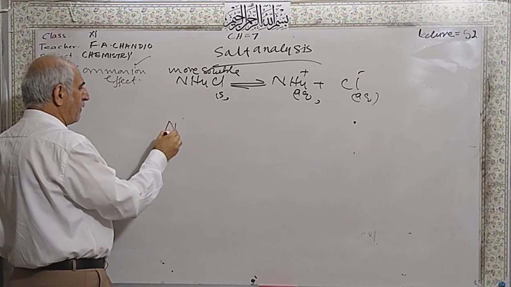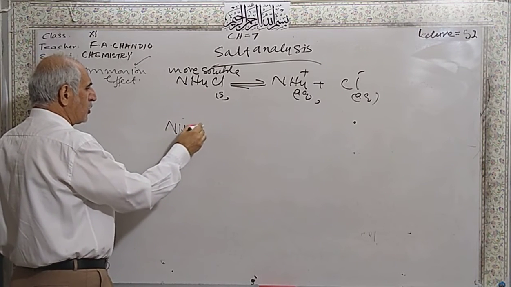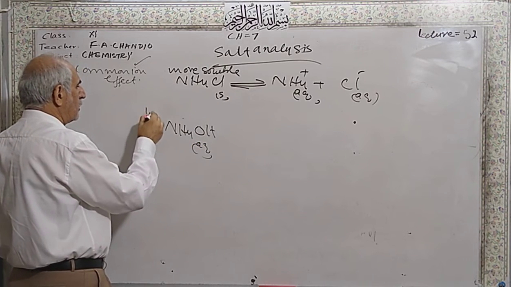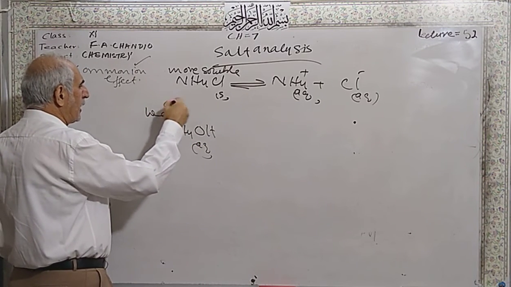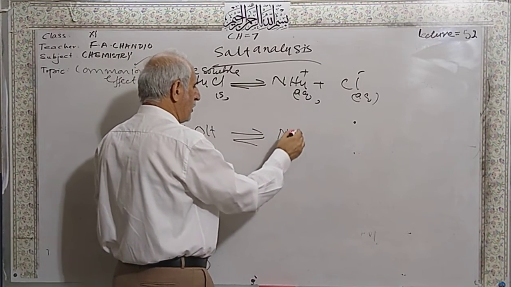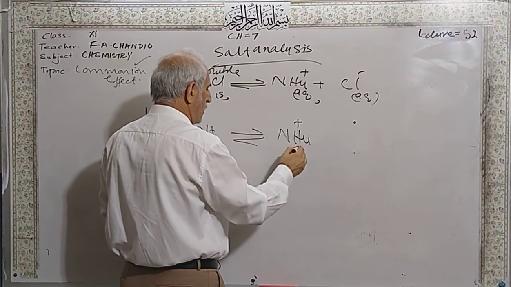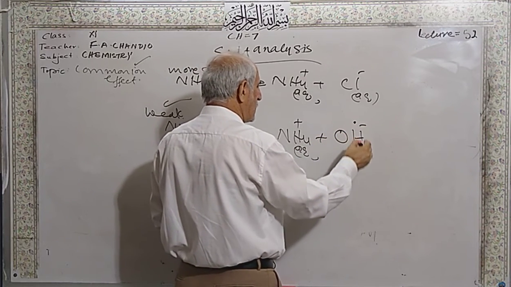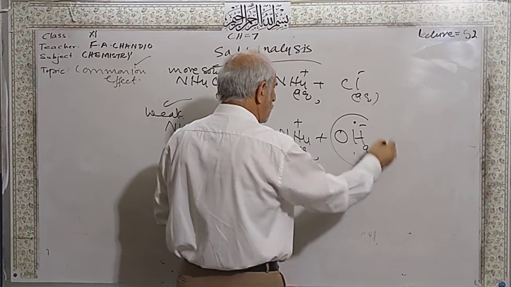In the second you have ammonia solution, ammonium hydroxide, a weak electrolyte, less soluble, giving ammonium ions and hydroxide ions in aqueous solution.